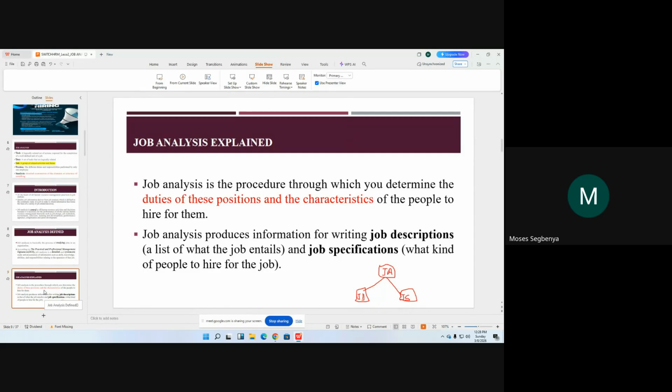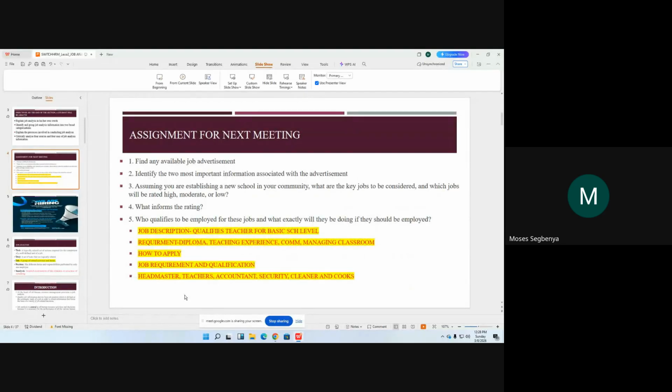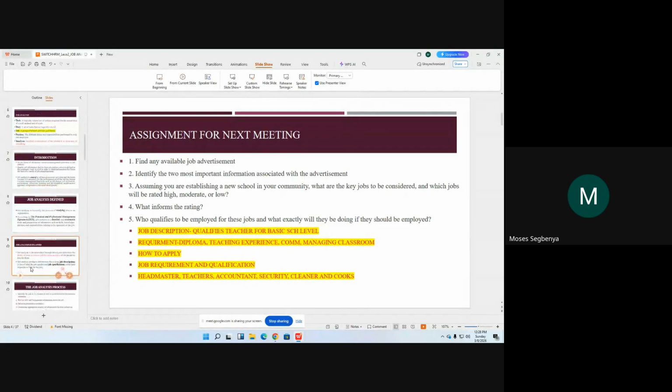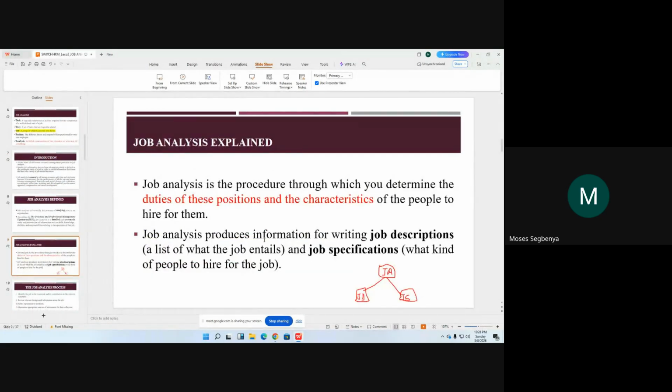So it's not enough determining the positions. You have identified the positions here: headmaster, teacher, accountant, security, cleaner. The question is, as a cleaner, as a teacher, what will I be doing if I am appointed as a teacher? As a headmaster, if you appoint me, what will I be doing? These are the duties of the position. That is the left-hand side.